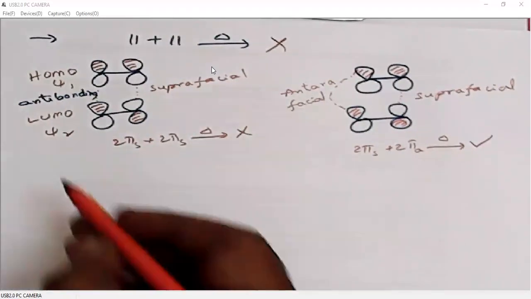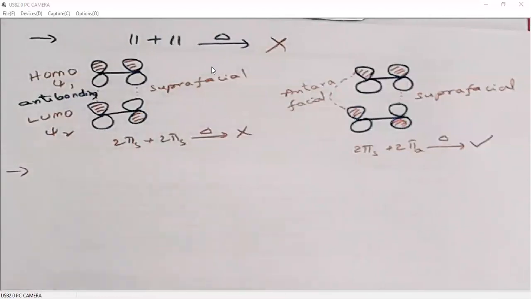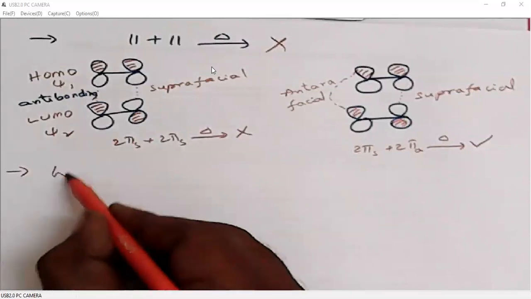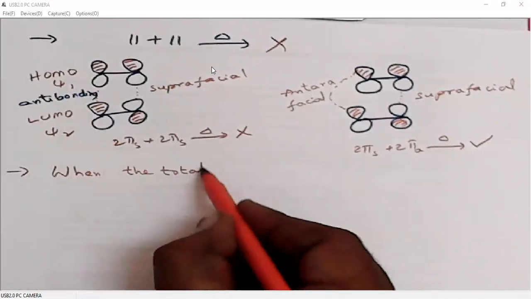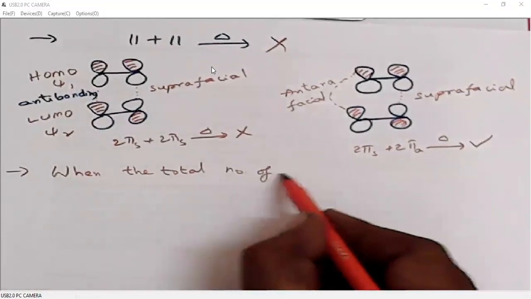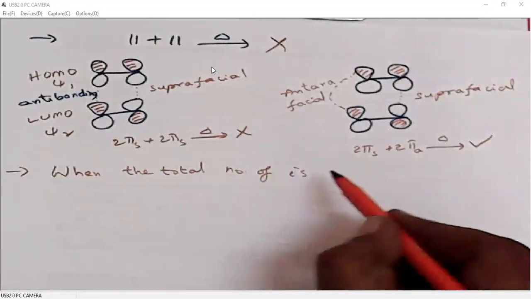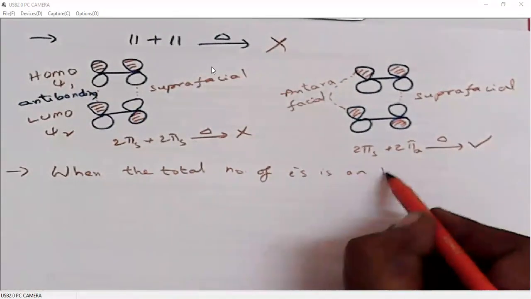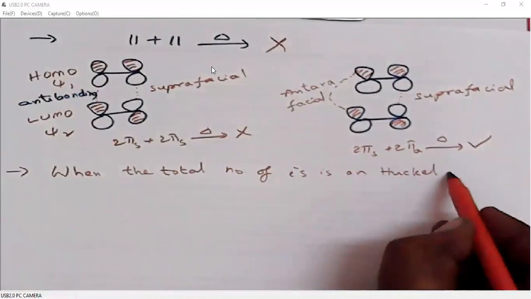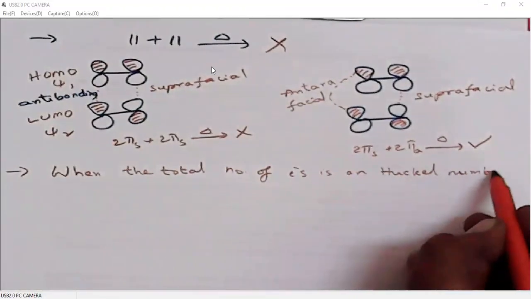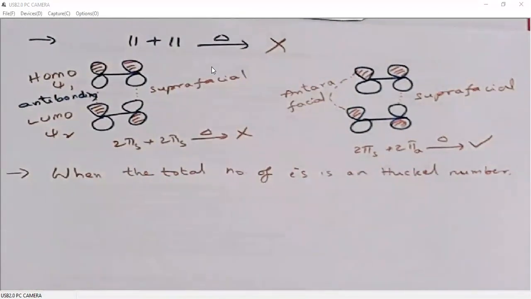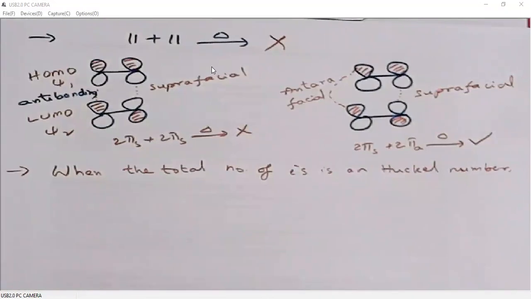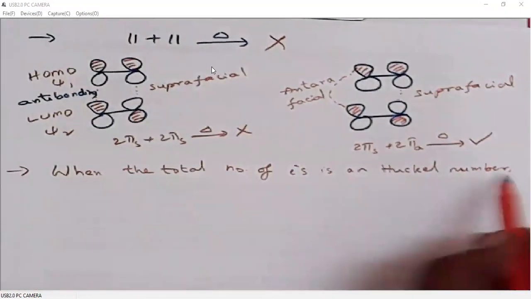Then, when we expect pericyclic reactions, there is a simple logic. When the total number of pi electrons is a Huckel number, and in aromatic chemistry we used to discuss the Huckel number, if we have 6 pi electrons, 10 pi electrons, 14 pi electrons, those are called Huckel numbers, right?